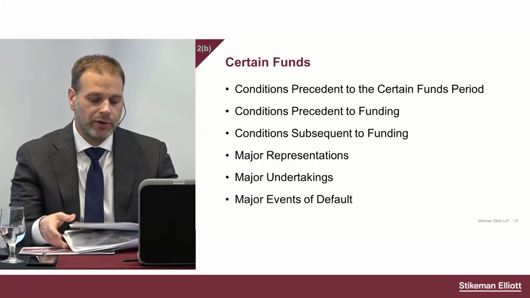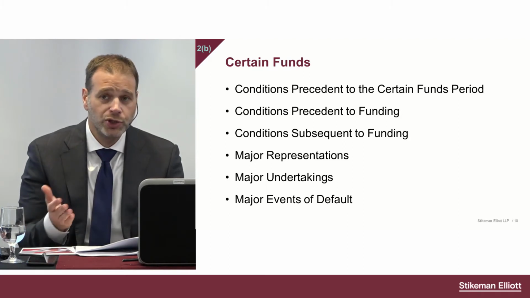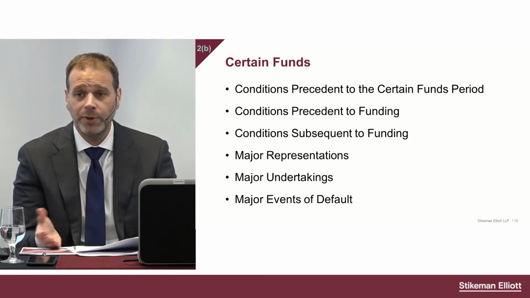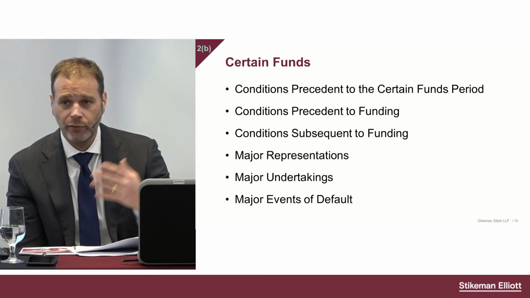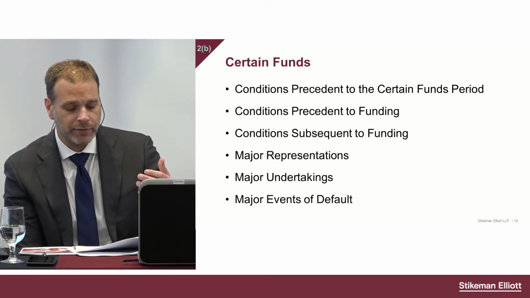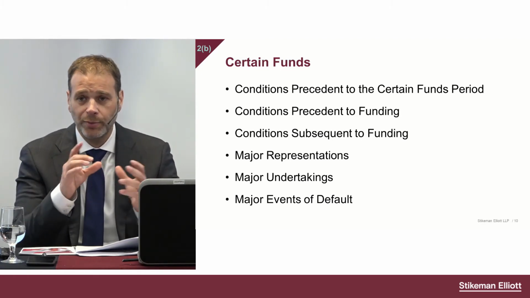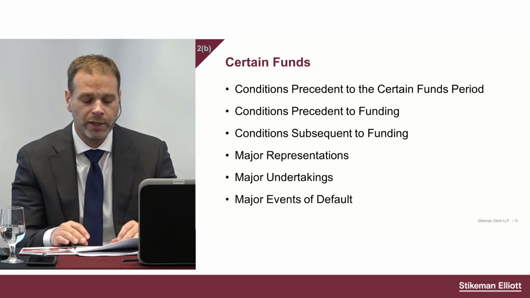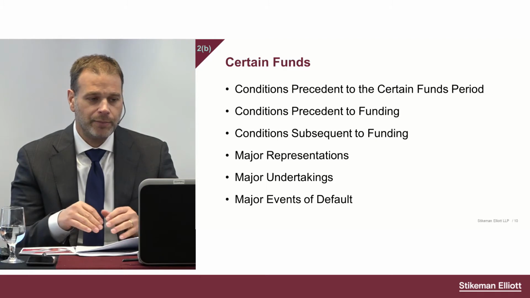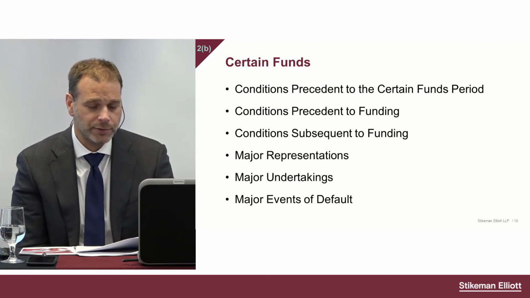And in terms of major events of default, they are effectively a payment default, so the company doesn't pay, which shouldn't have any payment obligations at that point because the funds wouldn't have been advanced. A breach of one of the major representations we talked about, or insolvency. That is the short list. Now, there may be some adjustments depending on the transactions, but the list is extremely, extremely short, which again forces the certainty of funds for the transaction.